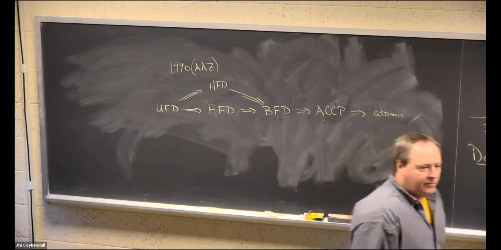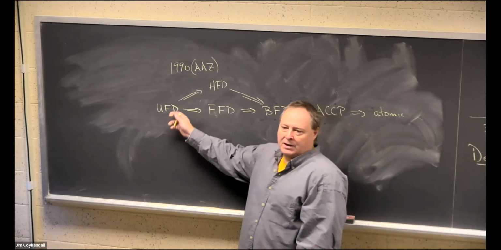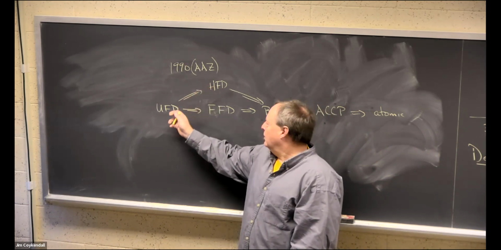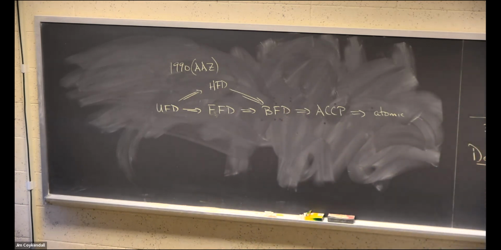Now, the proof that most of these implications work is not difficult. In fact, the fact that you're a unique factorization domain clearly implies that you're a half factorial domain and a finite factorization domain, because actually these are the best finite factorization domains because any non-zero non-unit has only one factorization, right?